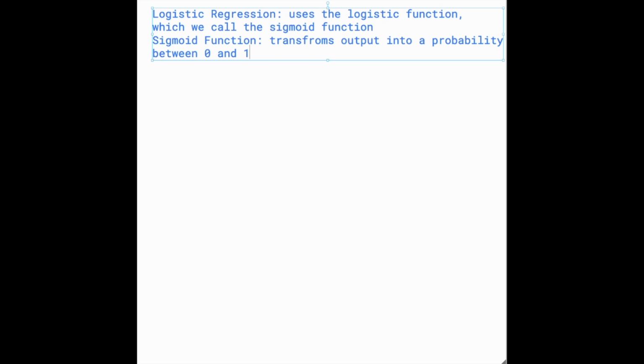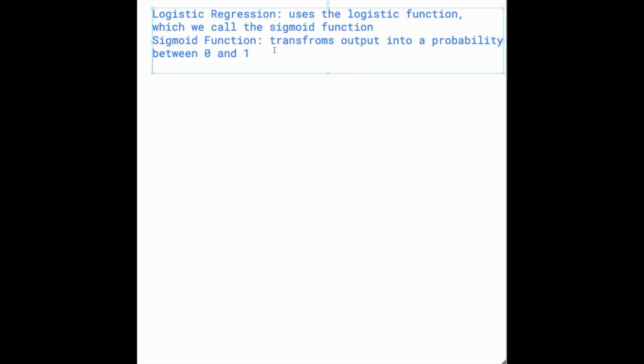Basically, the purpose is to produce a 0 or 1 binary output so that we can determine, based on the input, whether the output is going to be closer to 0 or closer to 1. So we have a defined threshold.